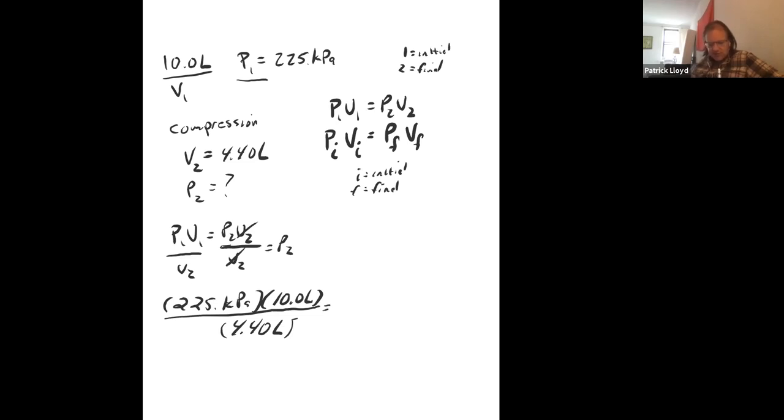Meaning if this one is smaller than this one, then the final pressure is going to be larger than this one right here. So that's 2250 divided by 4.4. 2250 divided by 4.4 looks like 511.